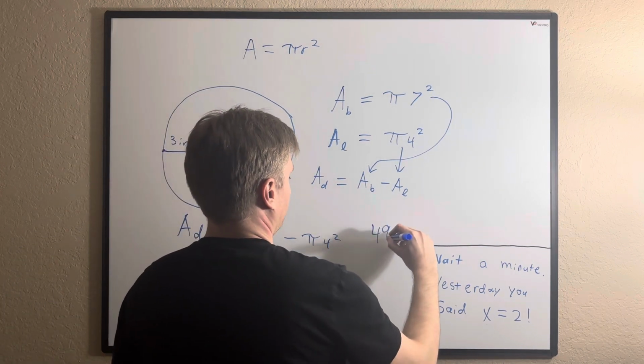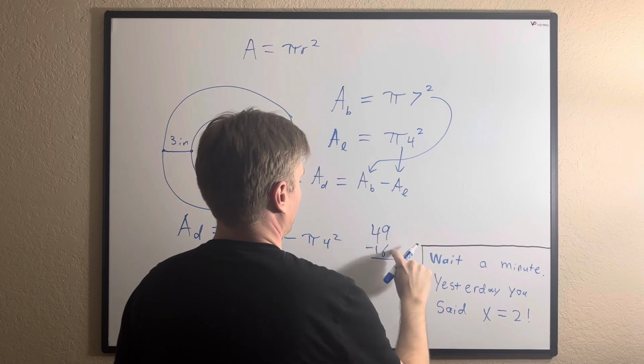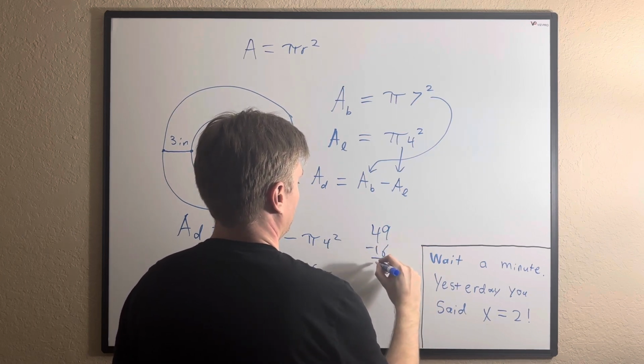Check my work there. 49 minus 16, 9 minus 6, 3, 4 minus 1 is 3. Yeah.